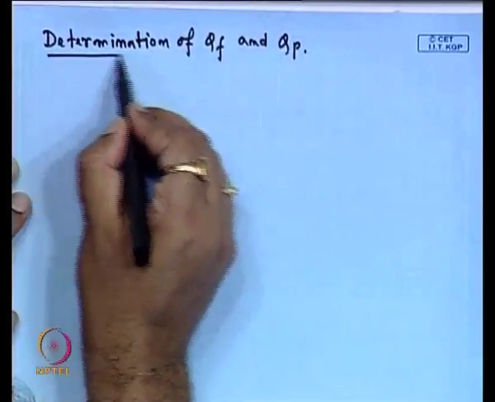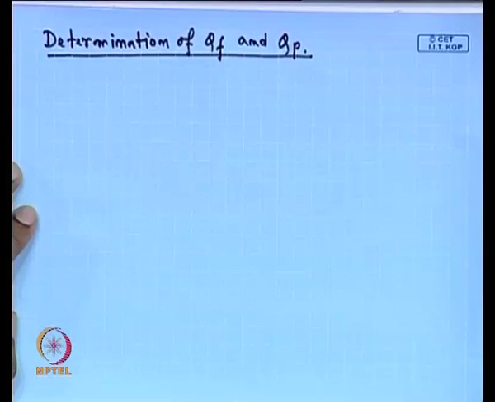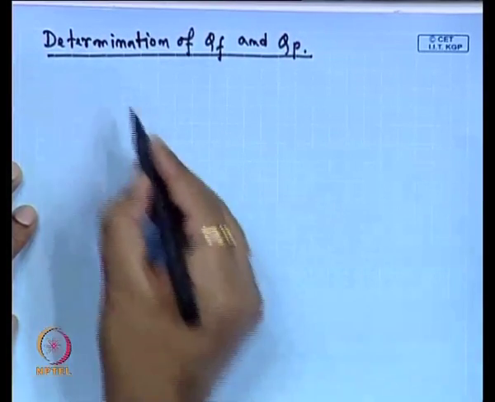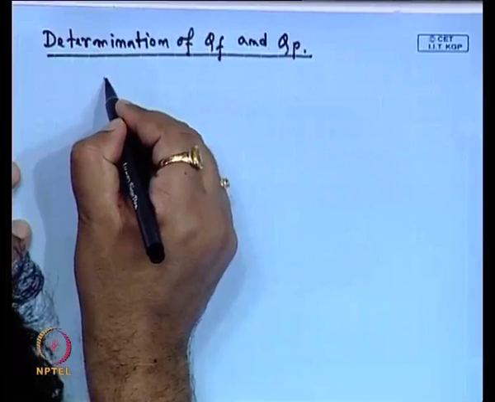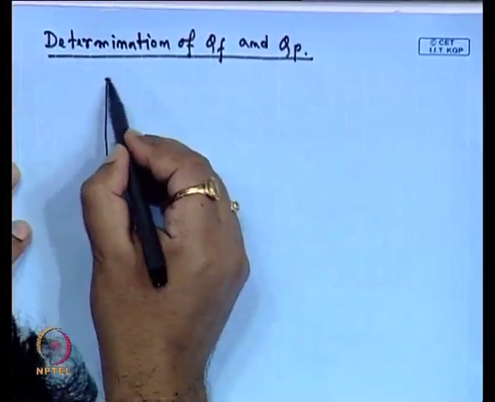QF is the friction resistance and QP is the base resistance. So, here first what we will do, we will draw a graph.